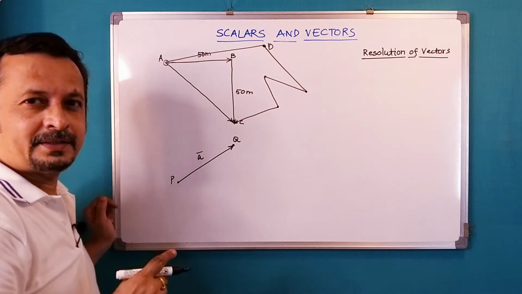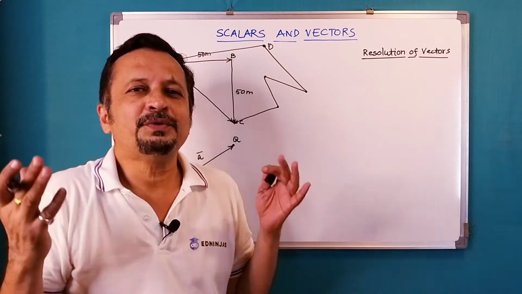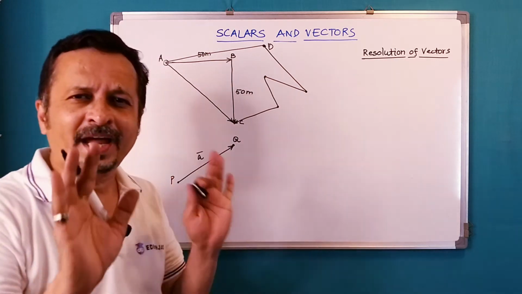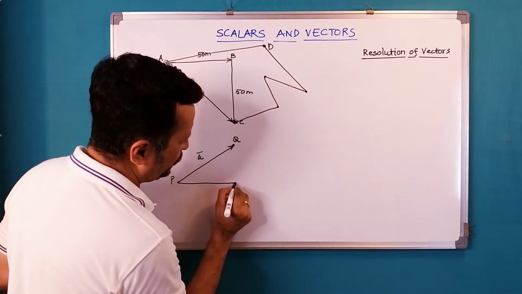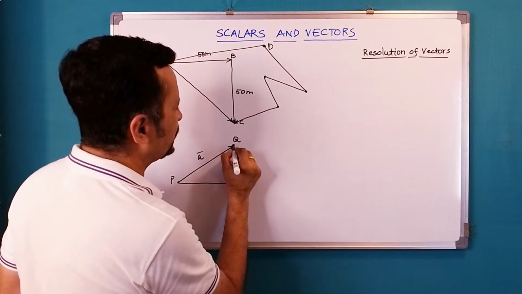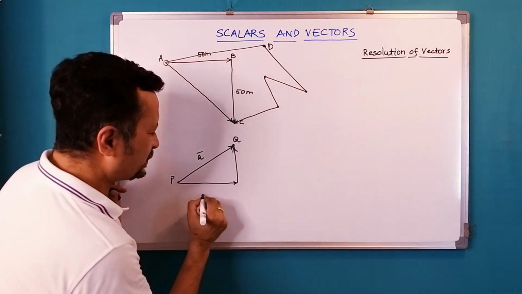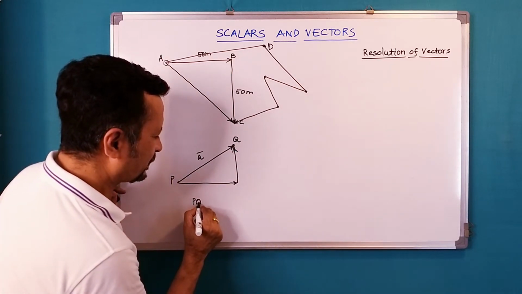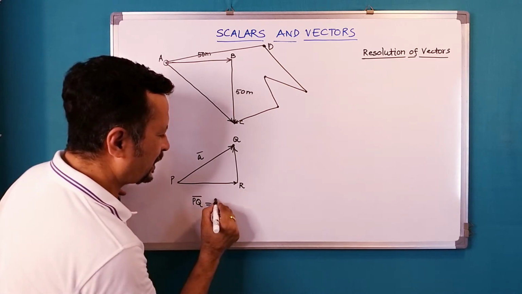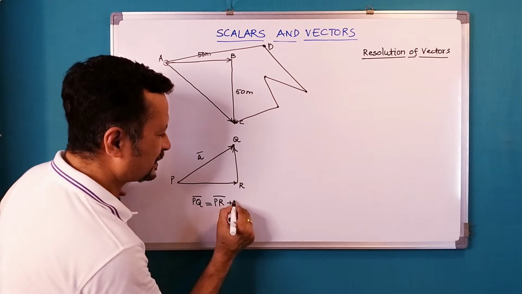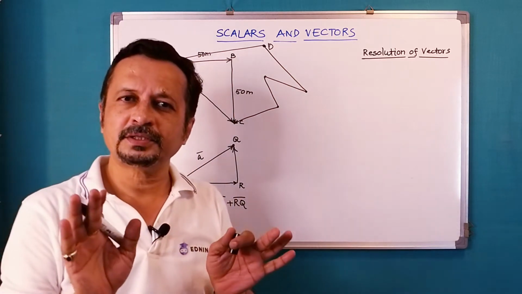If I have to make two convenient parts of this vector, I would go here and then go here. So I could say PQ bar would be PR bar plus RQ bar, isn't it? Isn't that convenient? Yes, it is.